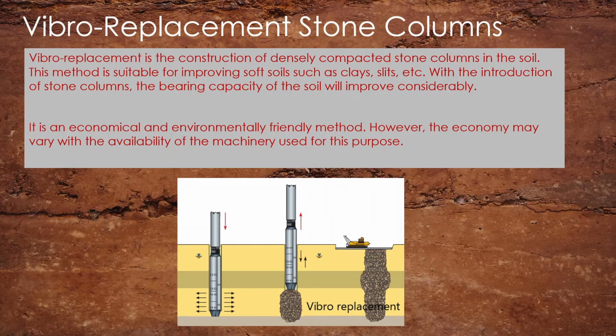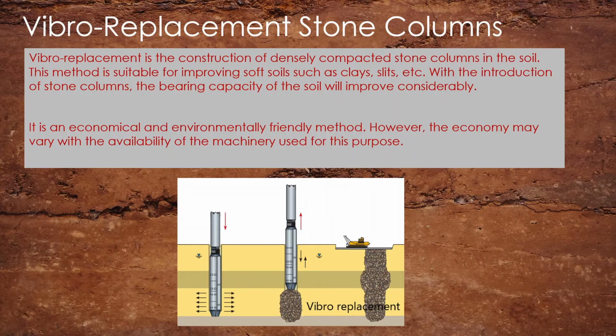Vibro replacement, stone columns. Vibro replacement is a construction of dense compacted stone columns in the soil. This method is suitable for improving soft soil, such as clay, silt, etc. With the introduction of stone columns, the bearing capacity of the soil will be improved considerably.